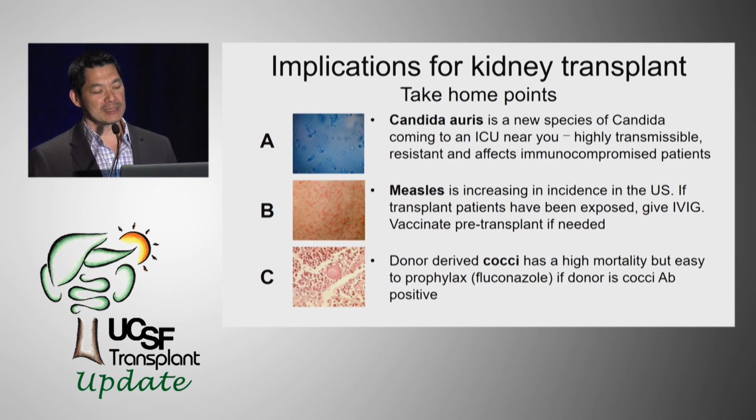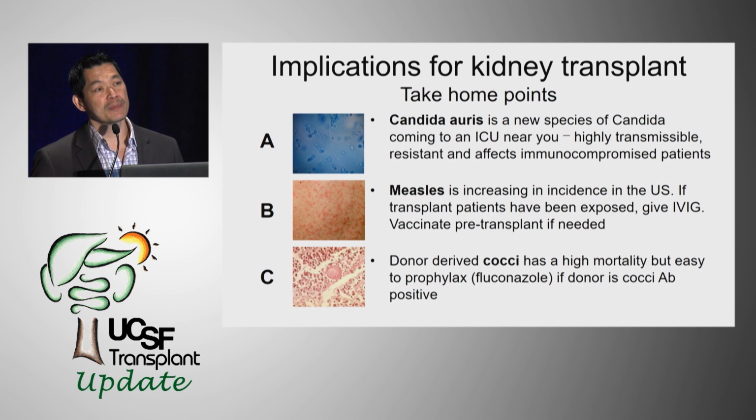We talked about measles. It's not a fungus, but it was a bonus infection I couldn't ignore because it was very timely, and it's increasing in incidence in the US. If transplant patients have been exposed, the main issue is you can certainly do a titer, and I would probably start with a titer if you can get the results back, depending on whether they had a true exposure or not.